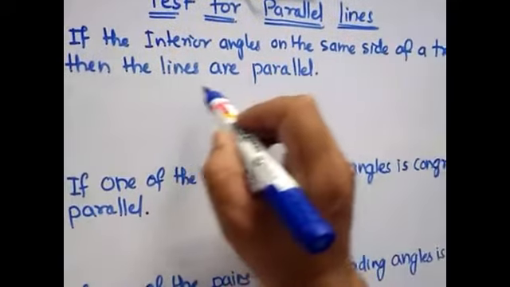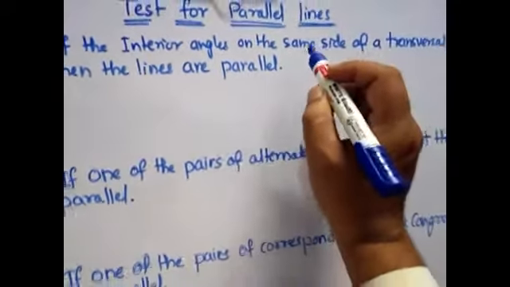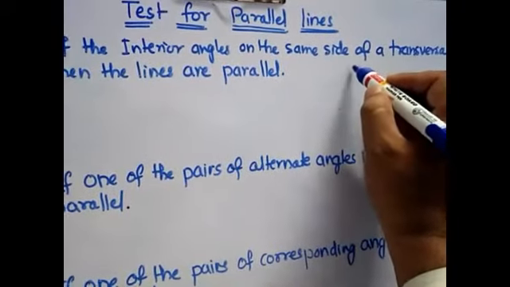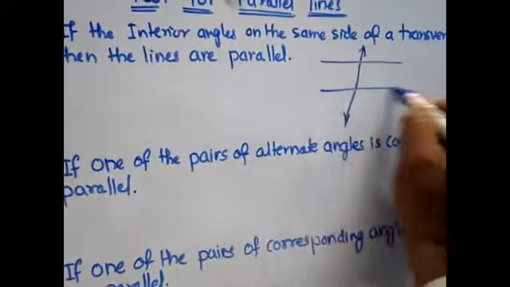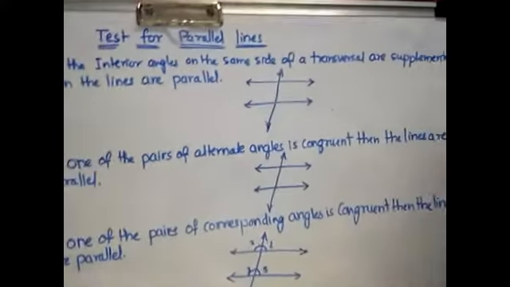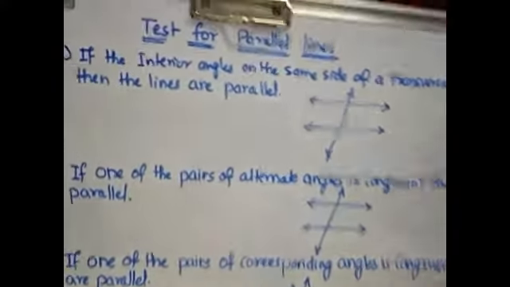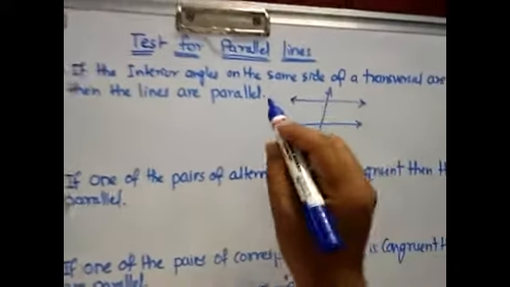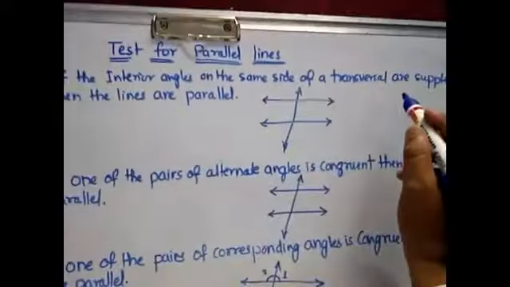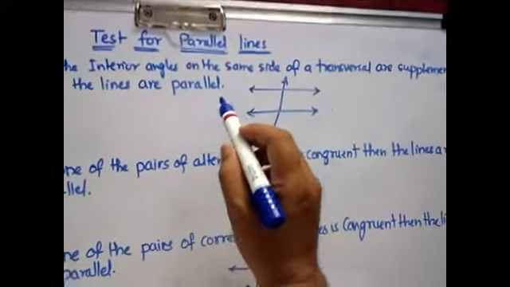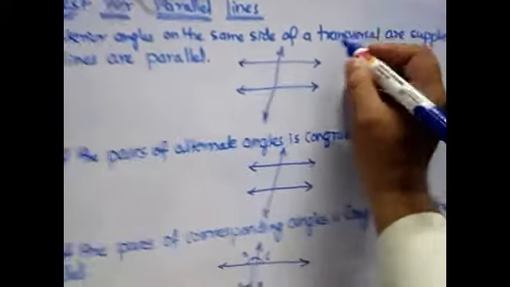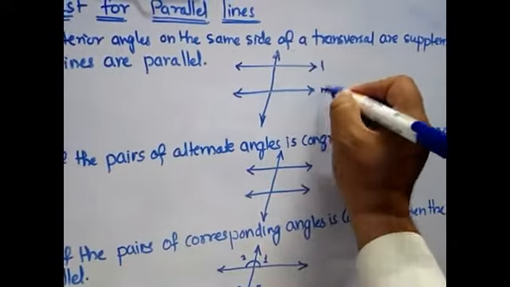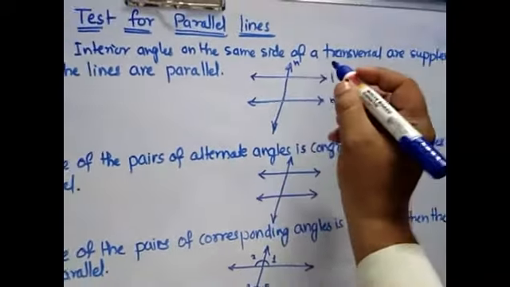Tests for when lines are parallel: if interior angles on the same side of the transversal are supplementary, then the lines are parallel. I'll show you on the figure. These are two lines, L and M, and N is a transversal.